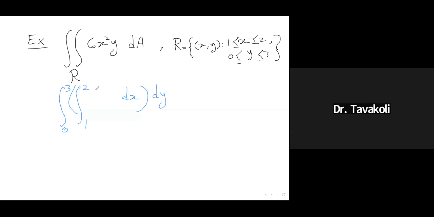And the function is 6x squared y. So for a moment, let's focus on the inside integral. I should integrate with respect to x, meaning that I should deal with y as if y is a constant.